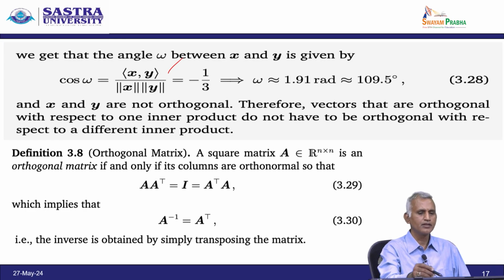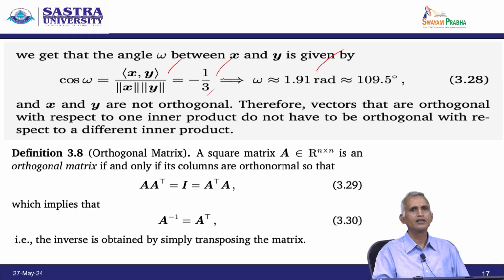Simplifying, you get minus 1 by 3, and then omega equals cos inverse of minus 1 by 3, which is equal to 1.191 radians, which is equal to 109.5 degrees. So, x and y are not orthogonal. Therefore, vectors can be orthogonal with respect to one inner product and do not have to be orthogonal with respect to a different inner product. So, these things you have to remember.